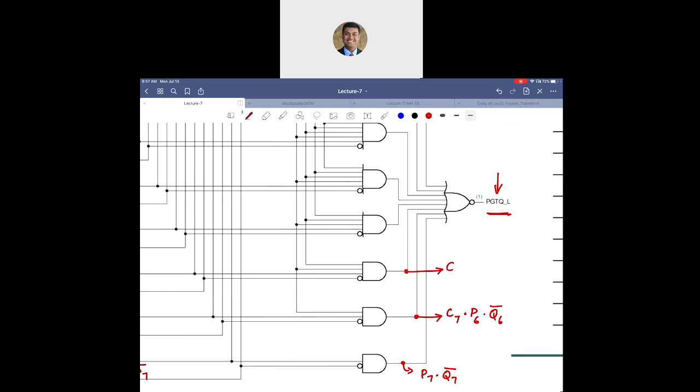Followed by C7, C6, P5, Q5 complement. And it keeps going. And then when you do the OR between all of those conditions, you have a bubble at the output to make the active low output for P greater than Q.